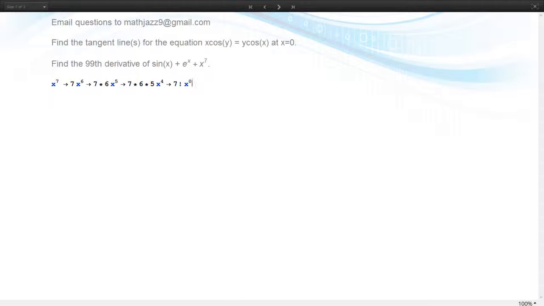And when we take the derivative of that, we're going to get 0 times 7 factorial times x to the negative 1.